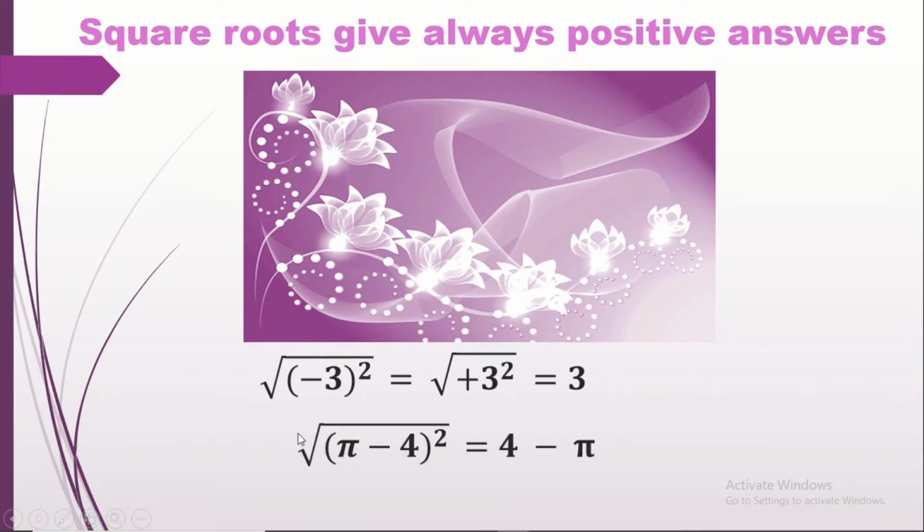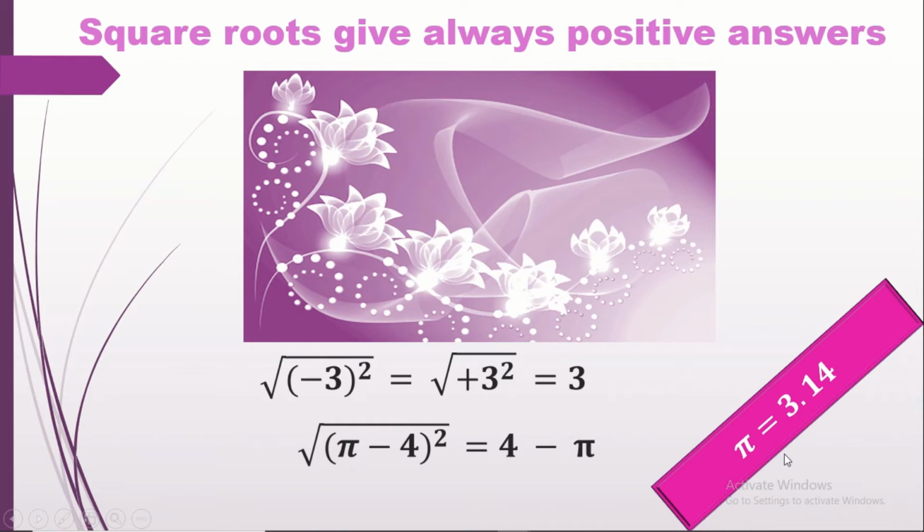Another example. If we have radical pi minus 4 all square. Note something which is very important. We have that pi equals 3.14. Isn't it less than 4? Well, we are subtracting smaller minus greater, we will get a negative answer. When square cancels radical, if we write it pi minus 4, it will be negative. This is completely wrong.